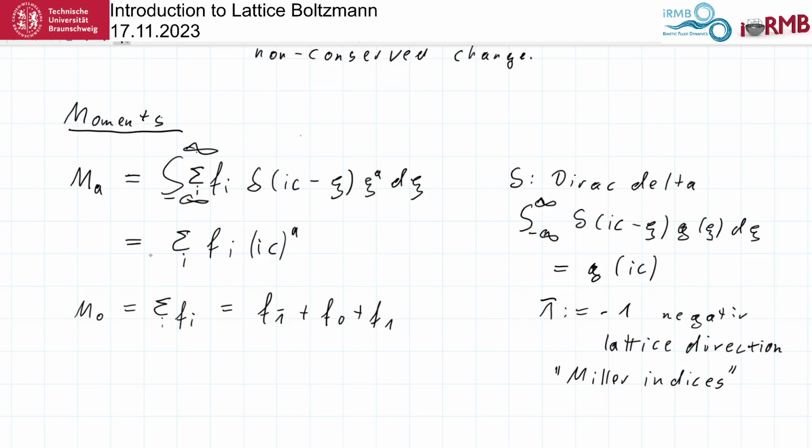So this is the usual way in crystallography to write things down, and it's called Miller indices. And now, because we are using a lattice, here we adopt the same method.